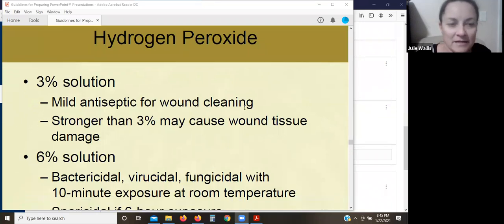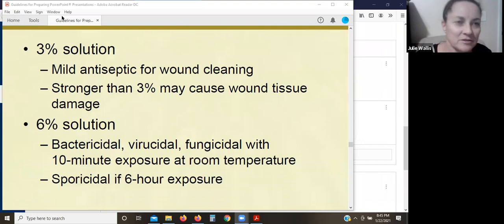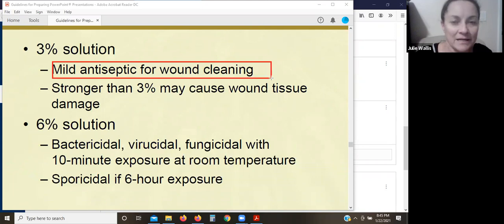Hydrogen peroxide can be used in a 3% solution or a 6% solution. It's generally not considered one of the best for wound cleaning, but it is used often. So this can be a mild antiseptic for wound cleaning. And it can cause damage to wound tissue at greater than 3%.